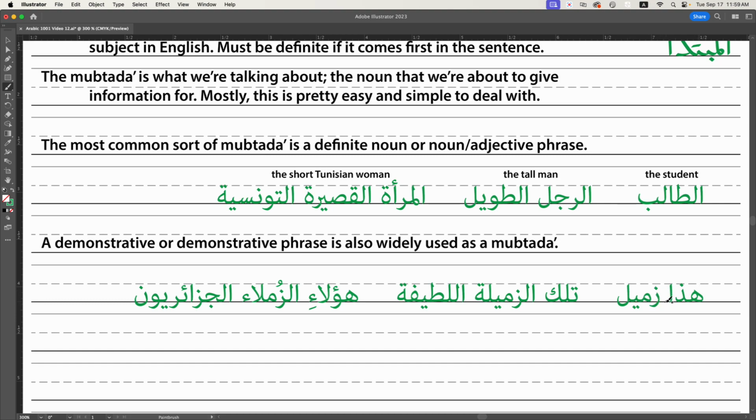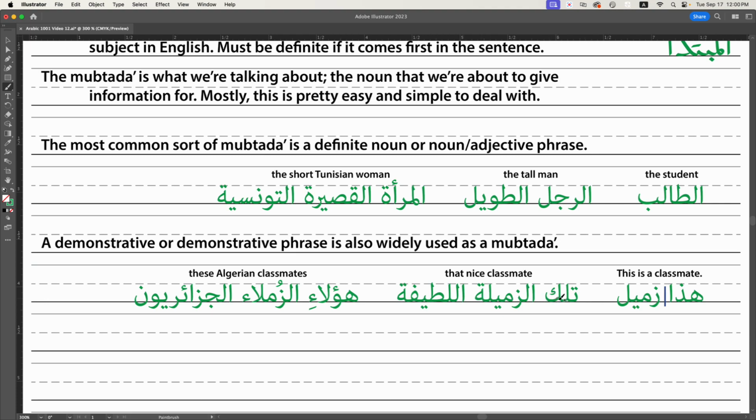So we know that this means this is a classmate. So here, the mubtada of this sentence is just hadha by itself. And we do this all the time in English. This is a classmate. And then we move from definite, because remember, pronouns and demonstratives are always considered definite for this purpose, to indefinite. And that's what makes it a sentence.